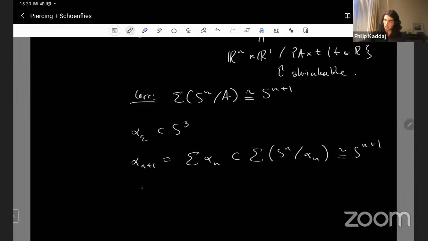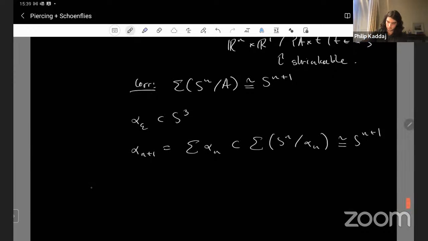And in Rushing he shows that if the starting arc is wild, the result is too. I think the starting arc in Rushing is some Fox-Artin arc.